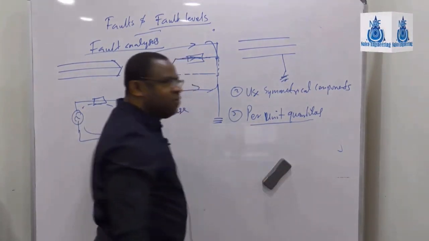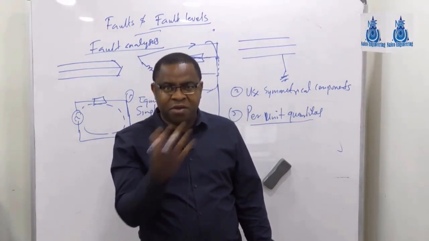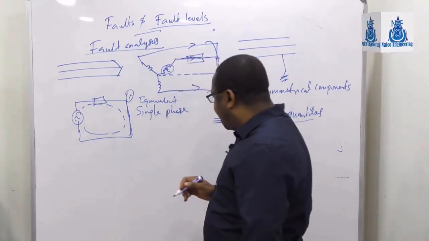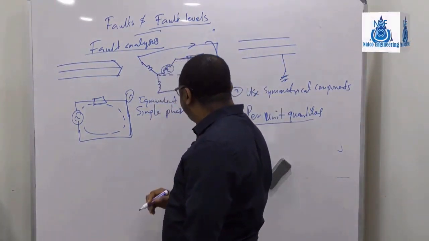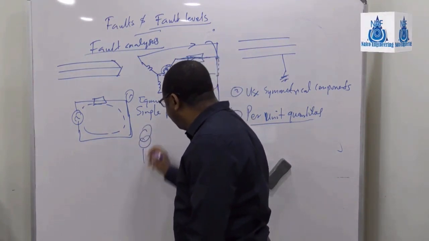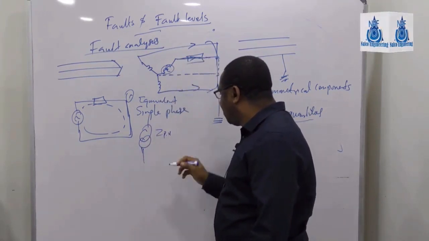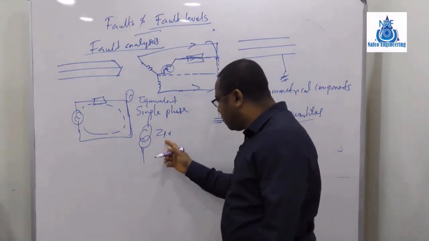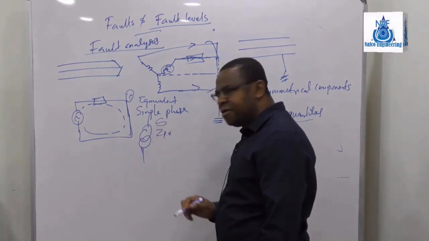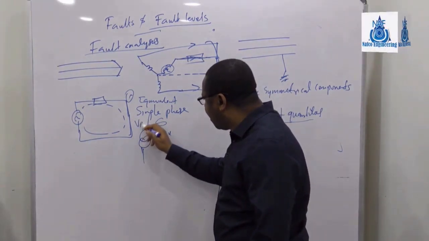Now, what is per unit? I think I explained what per unit is when we were dealing with transformers. If I have a transformer that is rated, with impedance Z in per unit, and it has apparent power, the voltage V primary, and V secondary.